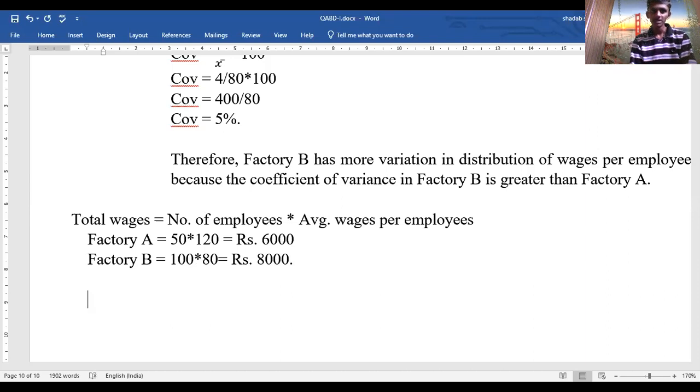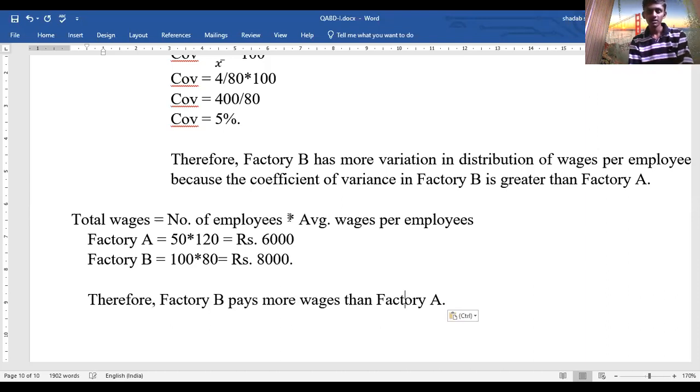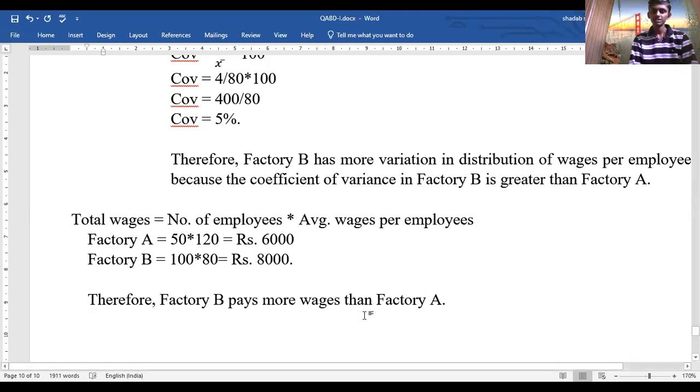Factory B pays more wages than factory A, because factory B pays 8,000, which is greater than factory A, that is 6,000.